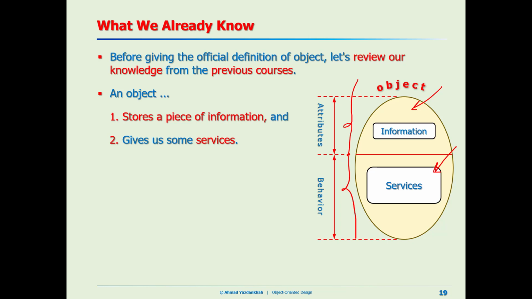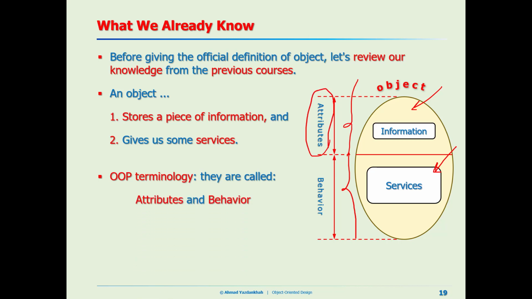But in object-oriented programming terminology, we call this information part as attributes, and here this portion that gives you some services, and we call them behavior.